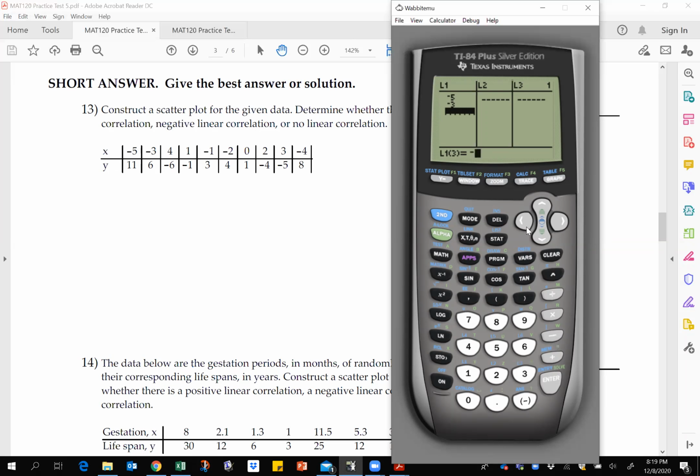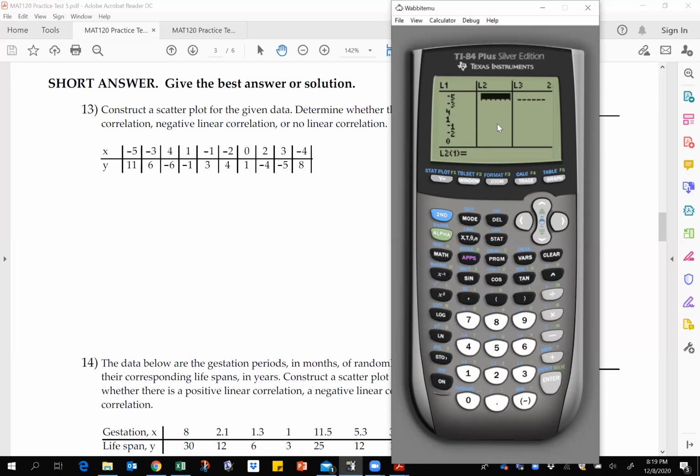Then we have 4, 1, -1, -2, 0, 2, 3, and -4.